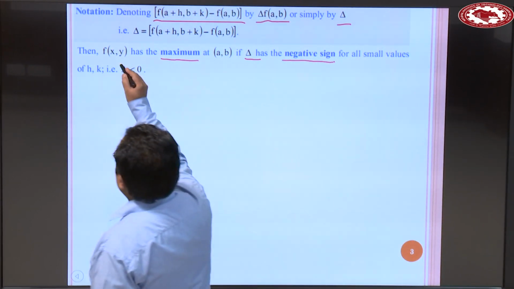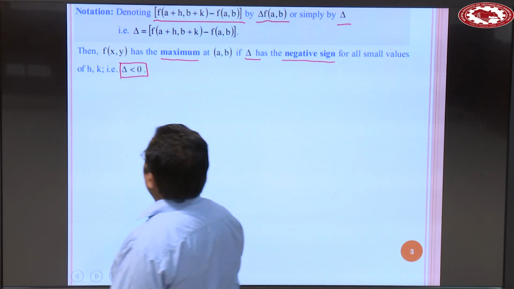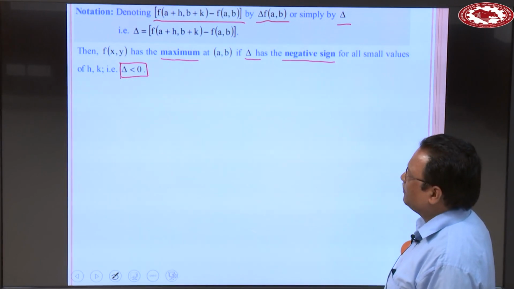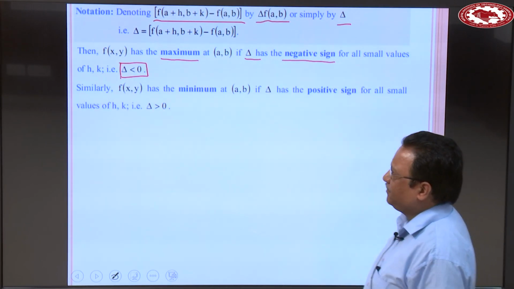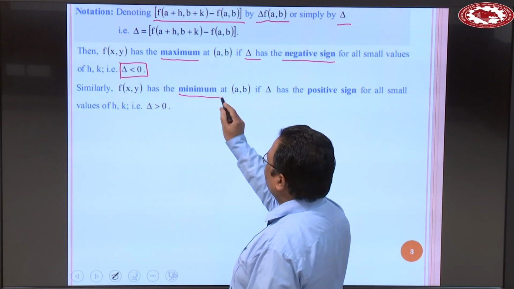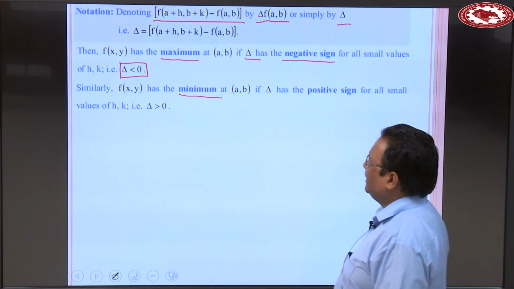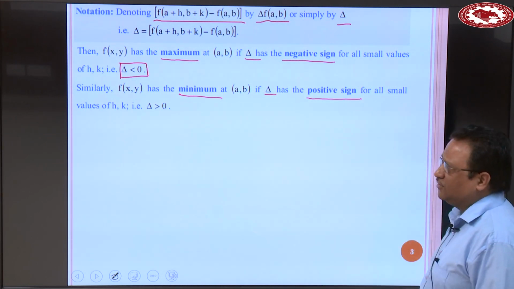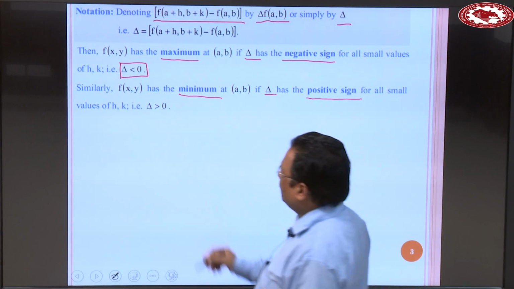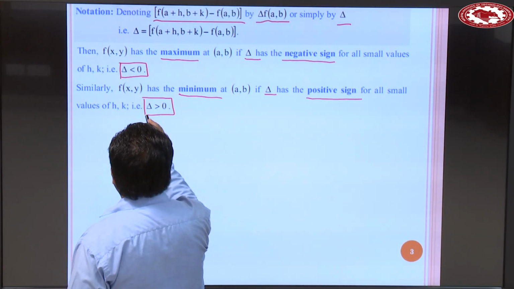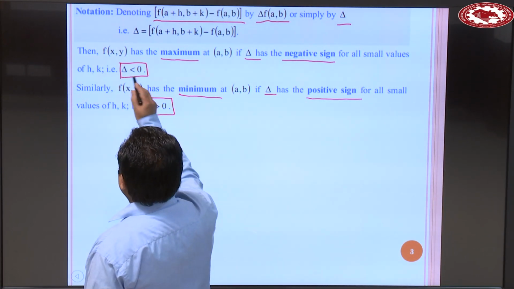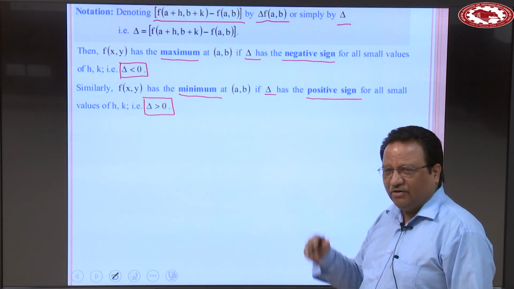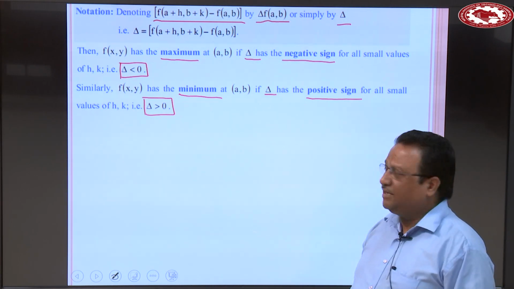That is, if delta is less than 0, then f(x, y) has the maximum value at the point (a, b). Similarly, f(x, y) has the minimum value at (a, b) if delta has positive sign for all small values of h and k. So, when delta is less than 0, maximum value; greater than 0, minimum value.